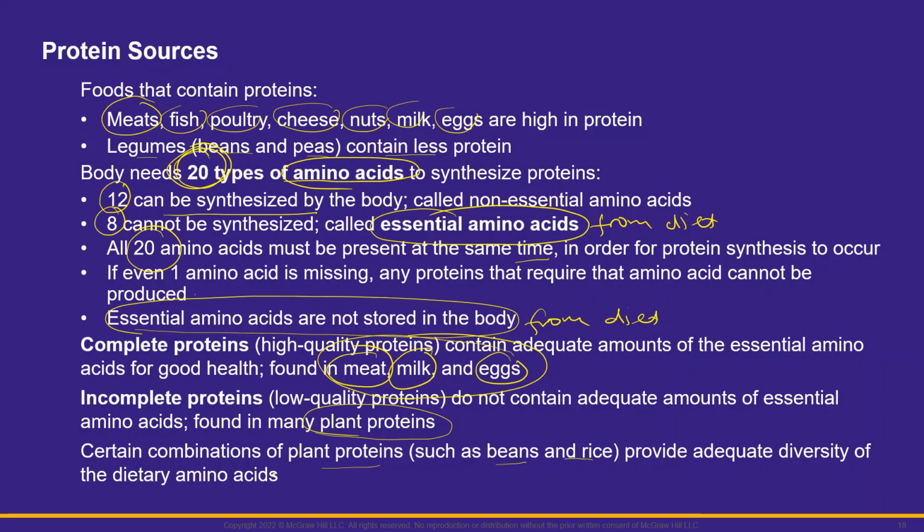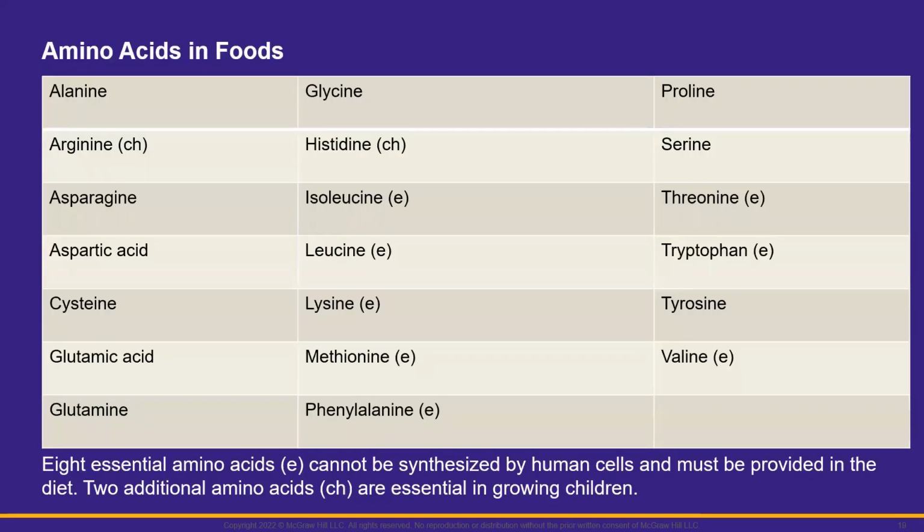So for vegetarians, they have to eat not only one type of veggie, but they have to make a combination of vegetables in order to get all the 20 types of amino acids needed by our body.